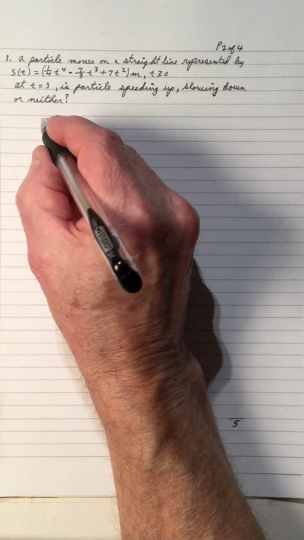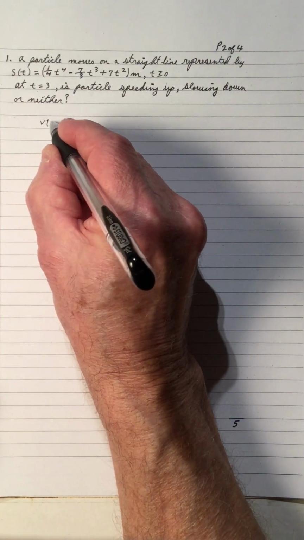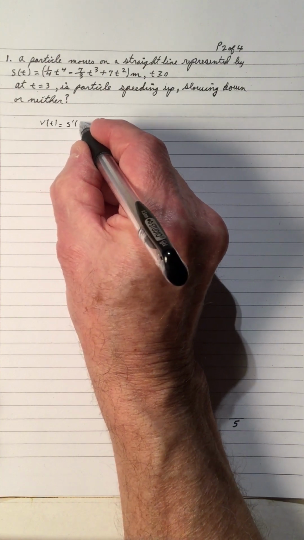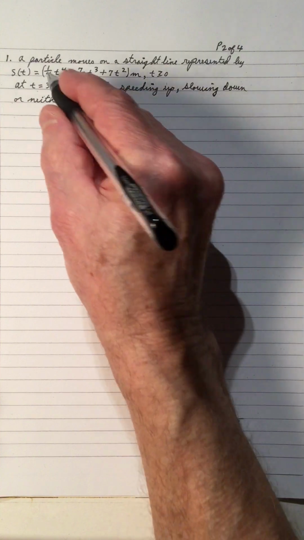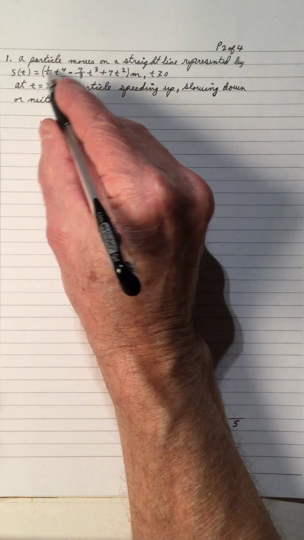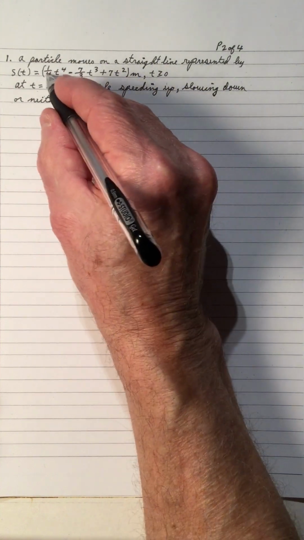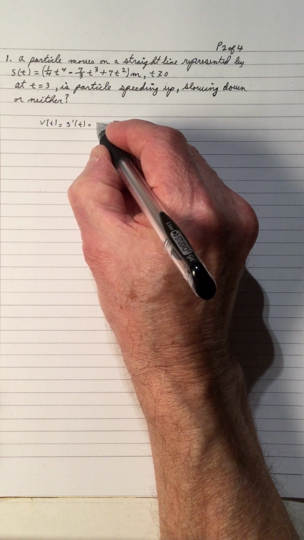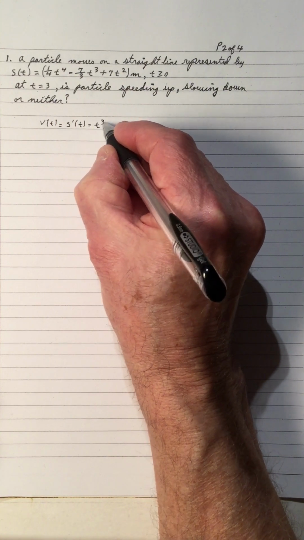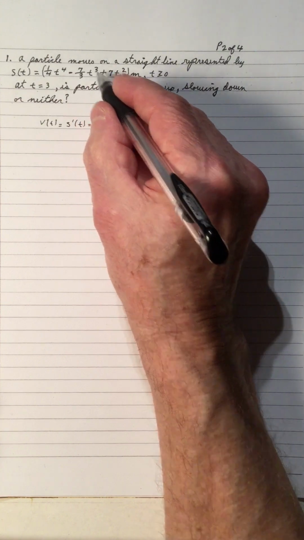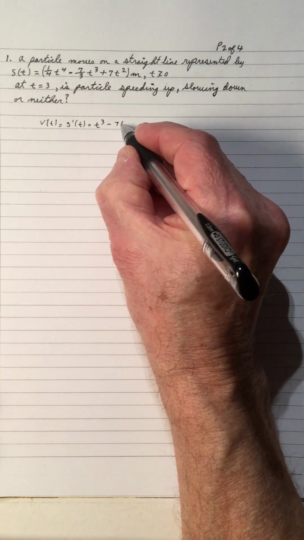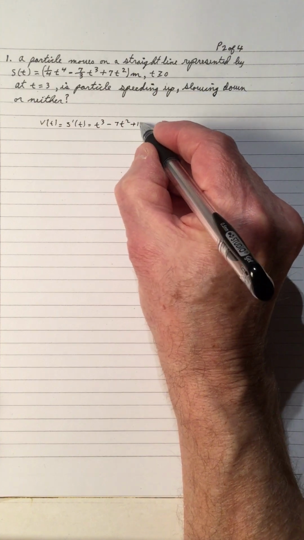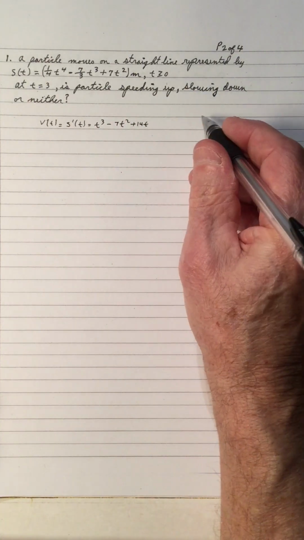Here we go. Let's look at the velocity, which is s prime, the derivative of the position of the particle. So 1/4 t to the fourth: 4 times 1/4 is 1, so that's t cubed. 7/3 times 3 is 7, t squared, and 7 times 2 is 14t.